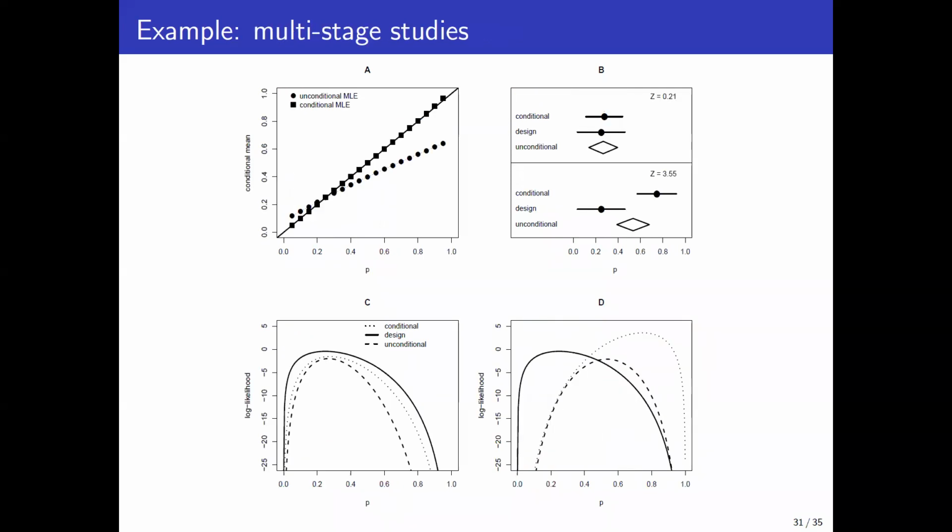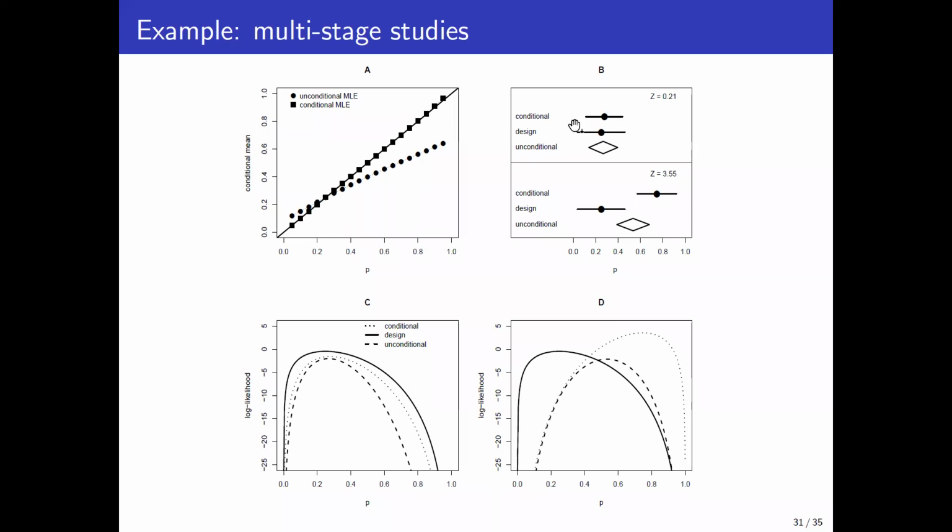And that's what I've done here with our multi-stage study. So this is now not simulation results. I've already showed you the top left panel here, so you can ignore that one. But the other panels represent two samples that we could get.